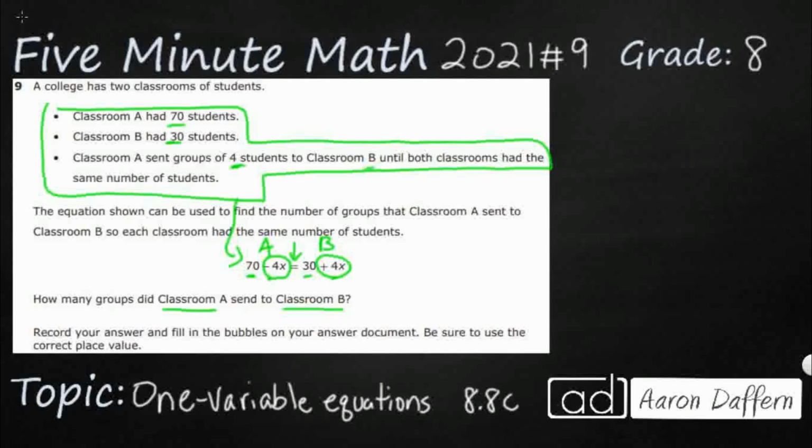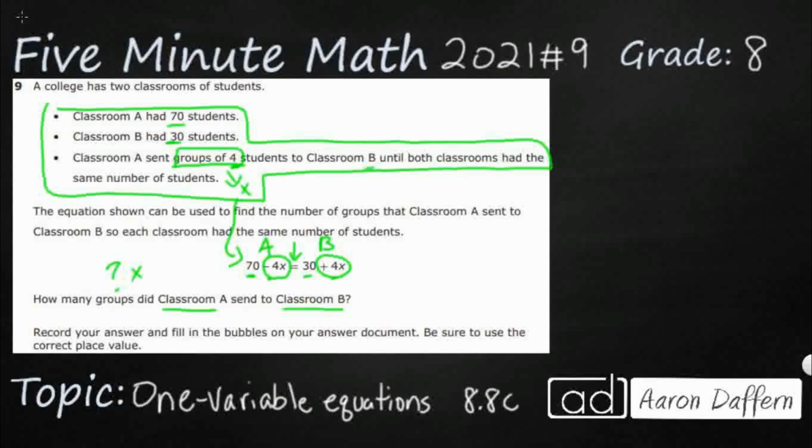The only real value we're getting from the actual description is we don't know what these groups are. Classroom A sent groups of 4, and so when we're looking at a 4, we see the groups, that's actually going to be our x. So that's our unknown. Groups of 4, but we don't know how many of those groups there are. So that's going to equal your x.